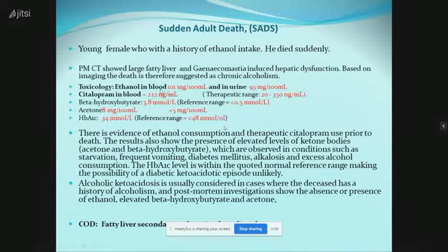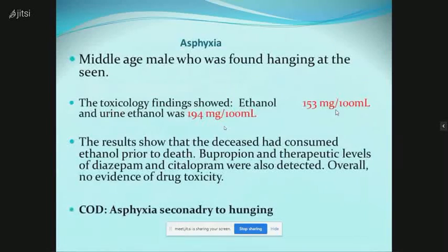At the time of death, the ethanol level was just above the normal expected range in blood and urine. The citalopram in the blood was 222, and it is within the normal range. Beta-hydroxyproteinase, and this one is an example of sudden death, and is related to fatty liver as well.